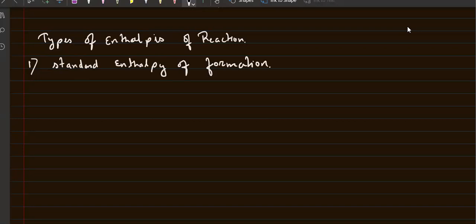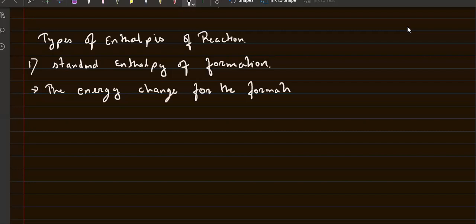So can I say that it is the energy or enthalpy change for the formation of what? Tell me.